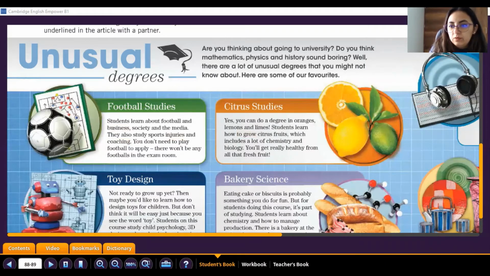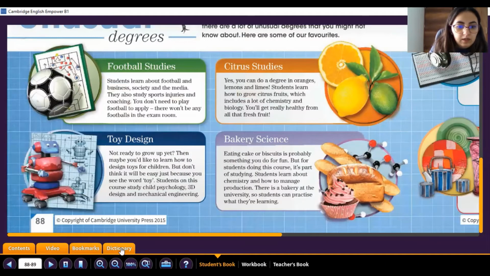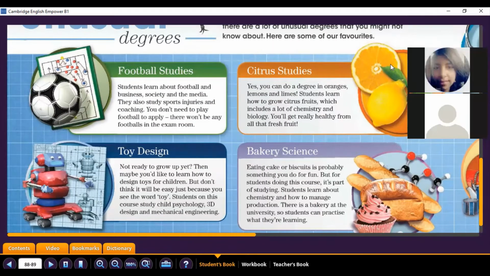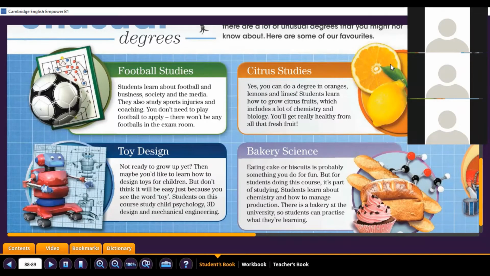Okay. So this toy design, it's going to help me this time, please. Lisette, help me reading toy design, please.